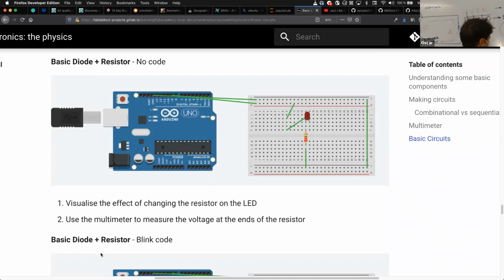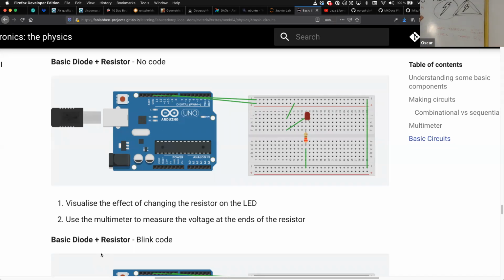What I want you to iterate on is, first question: what happens with the light of the LED when I change the resistance?